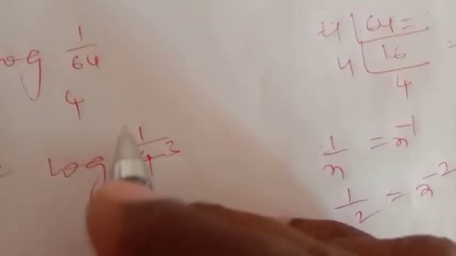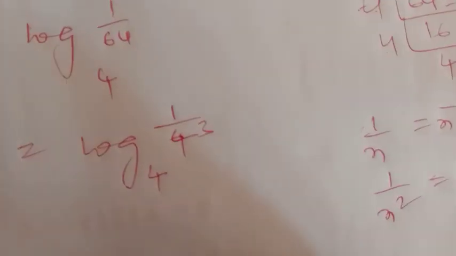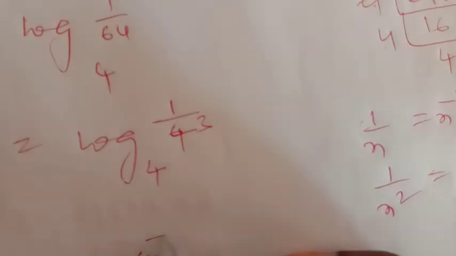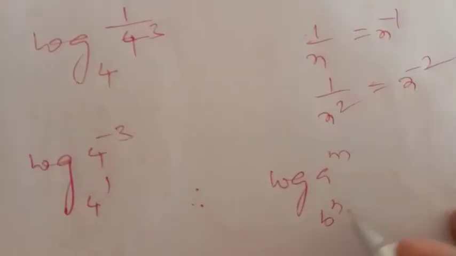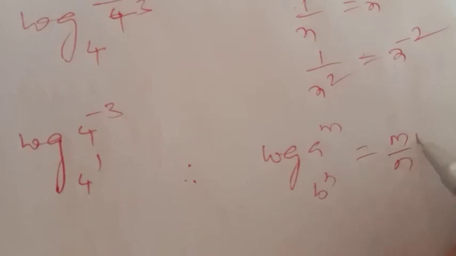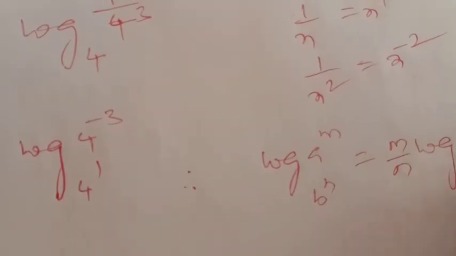In the same way, here 1 by 4 cube can be written as 4 power minus 3, base 4 power 1. Here we have log a to the power of m, base b to the power of n, equals m by n into log a base b.